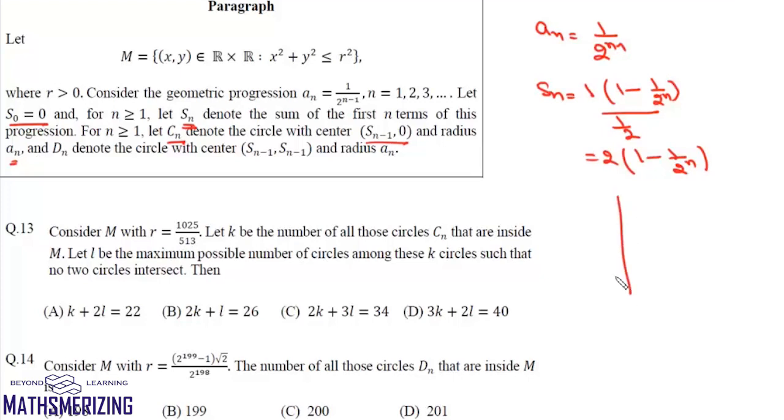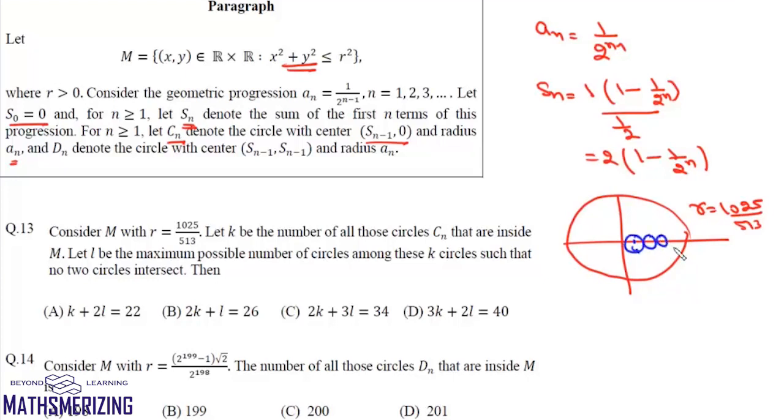So we have this larger circle with center at origin and radius equals 1025 upon 513. Now here we have these circles C1, C2, C3.